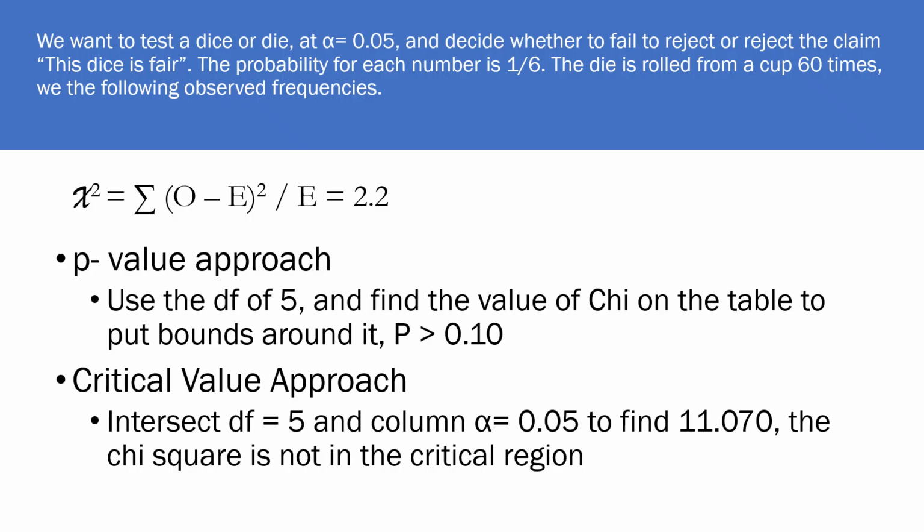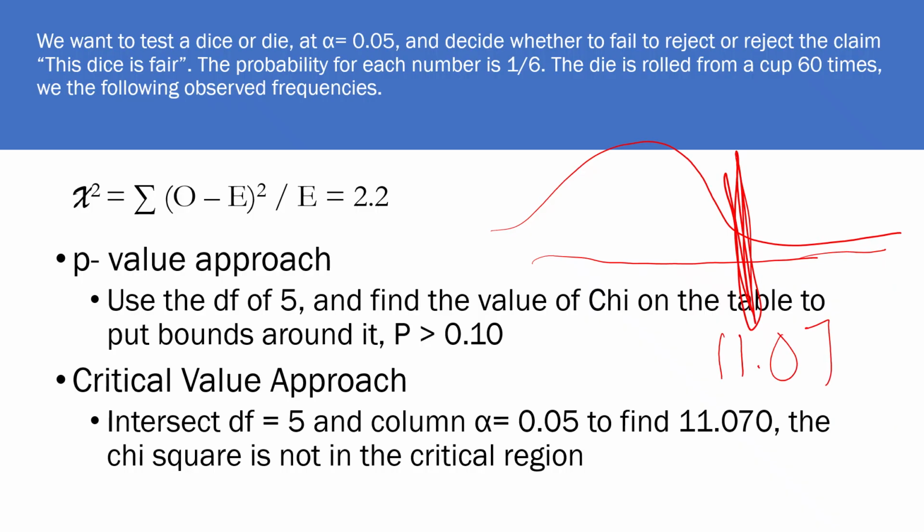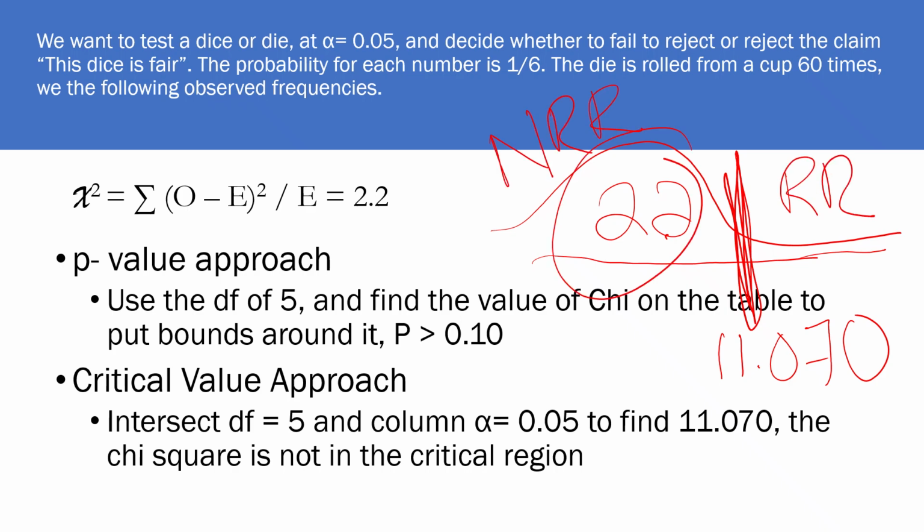And of course, we can do the p-value approach as well. So let's make a decision here. We're going to just draw our skewed little baby, and then we've got our critical value of 11.070, and our chi-square value is 2.2. So this is in the rejection region. This is in the non-rejection region. So we are going to fail to reject our H0.